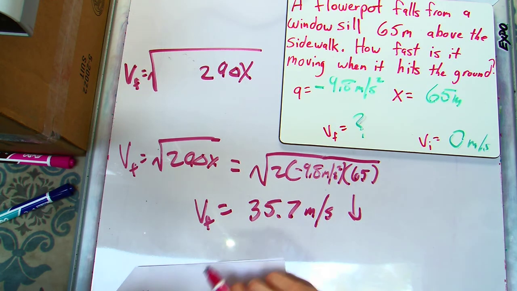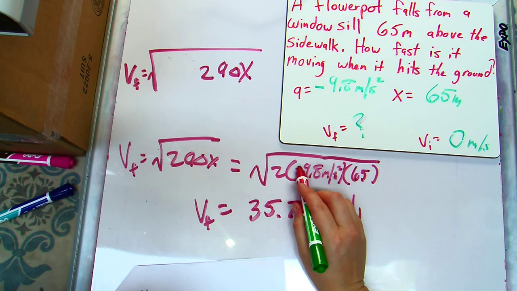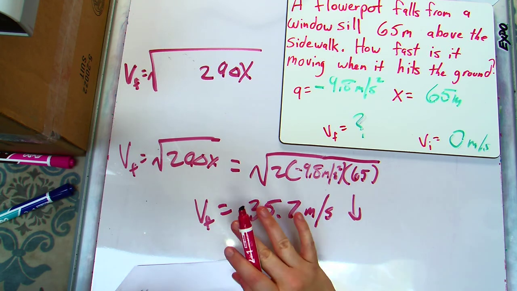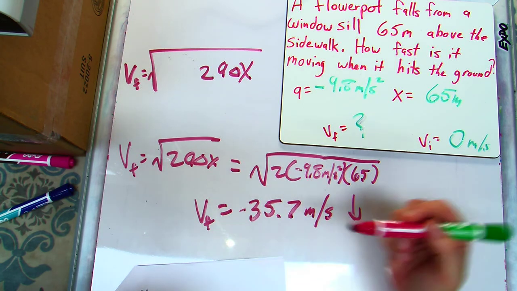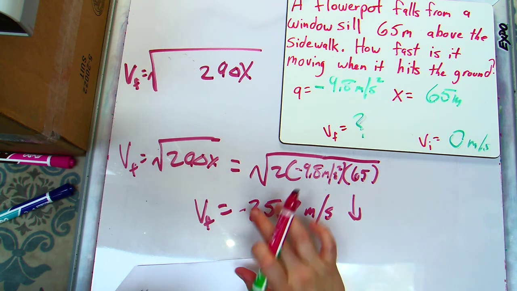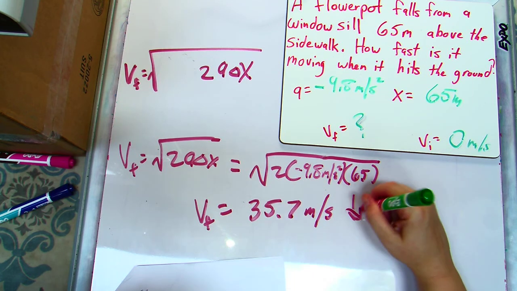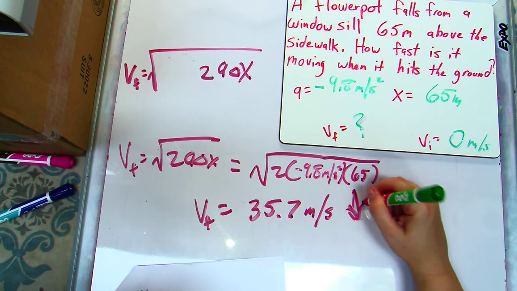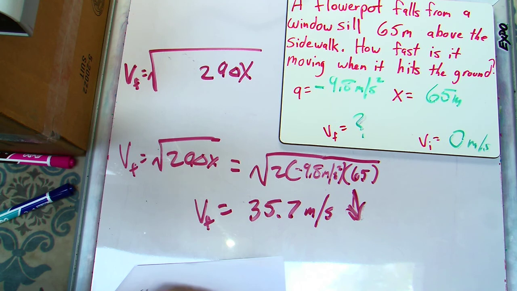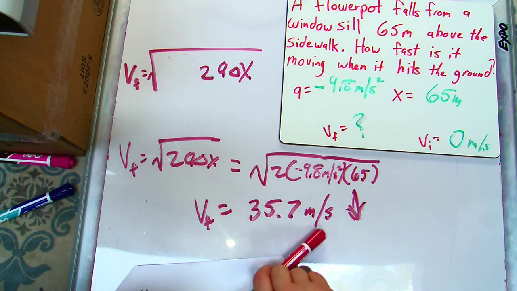So you can also think of that as bringing that negative that we took out, just because of the calculator, and putting it back in. And if you don't like that, then just include the downward so we know our direction. So that's all a negative sign is, it's just direction. So it's experiencing a velocity of 35.7 meters per second downward when it hits the sidewalk.